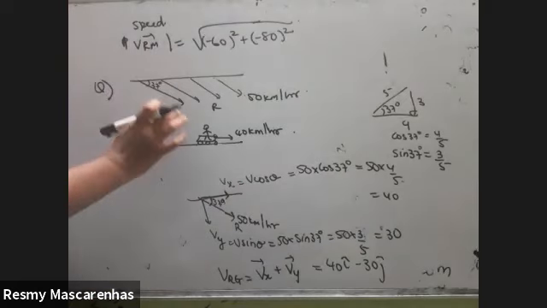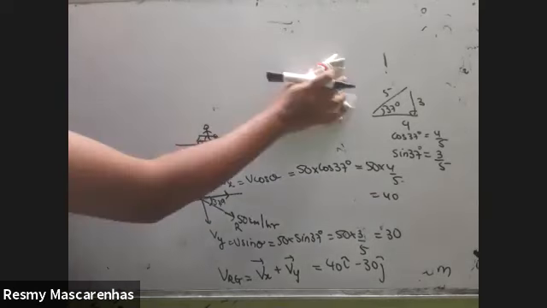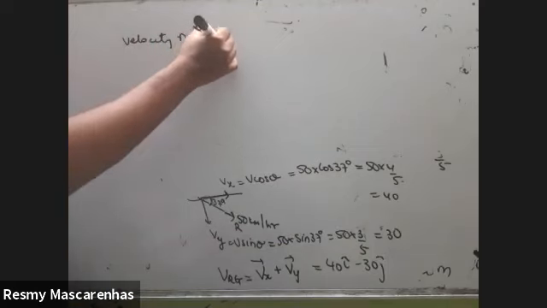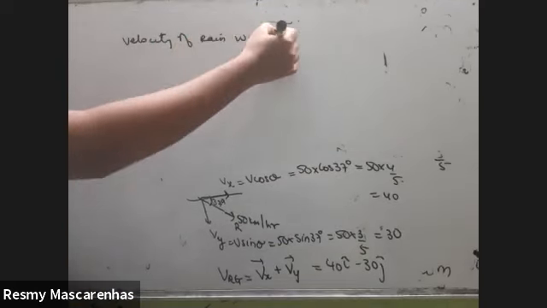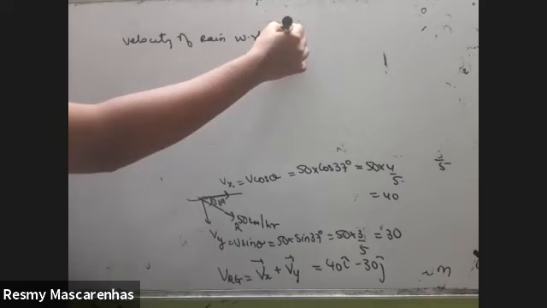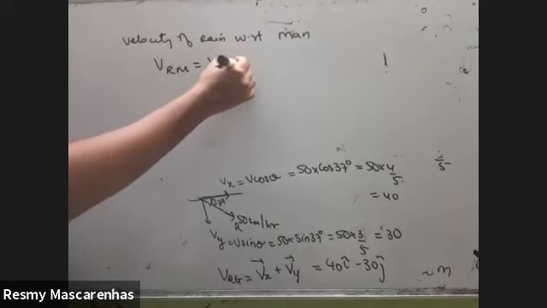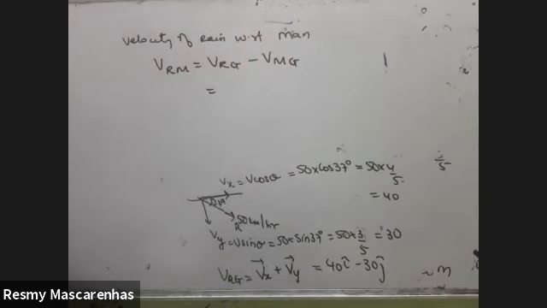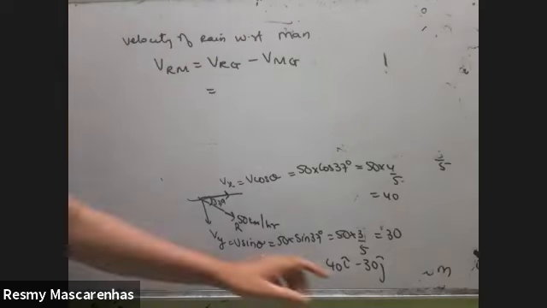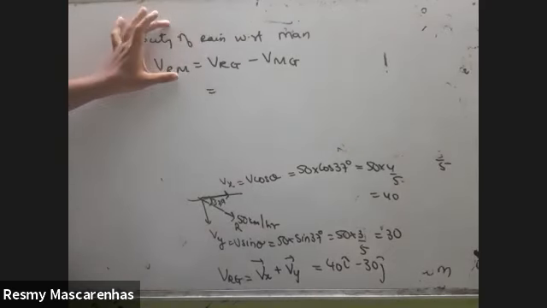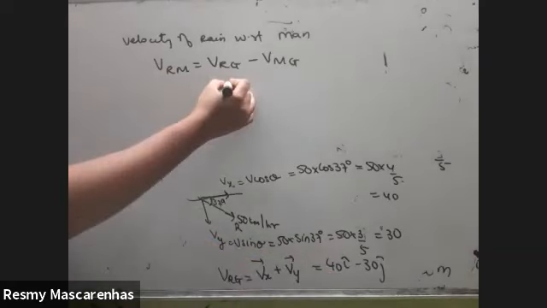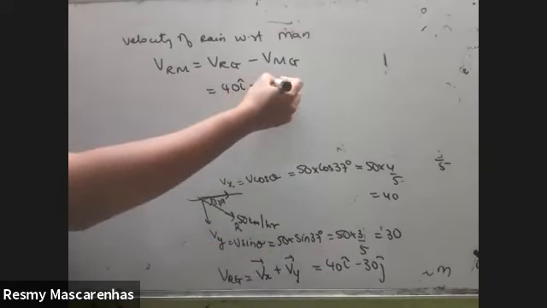So we have to now calculate velocity of rain with respect to man. Rain with respect to ground, so that is how much? This was the main formula, but we did not know this, so I calculated this: 40 i cap minus 30 j cap.